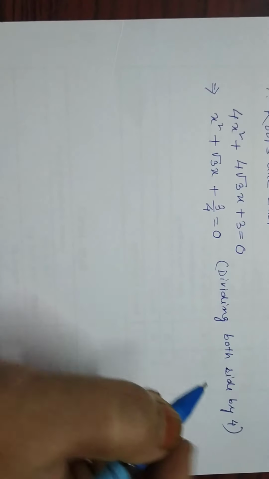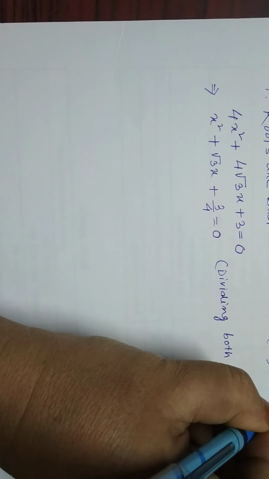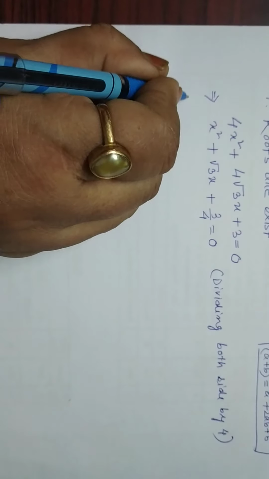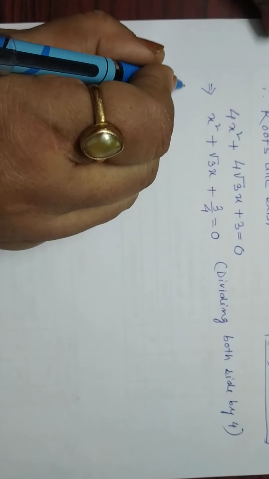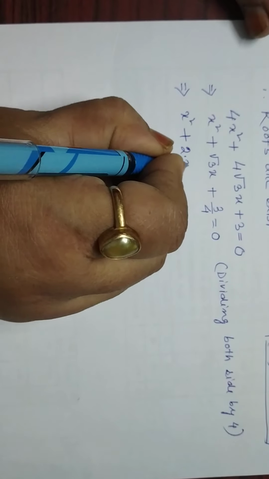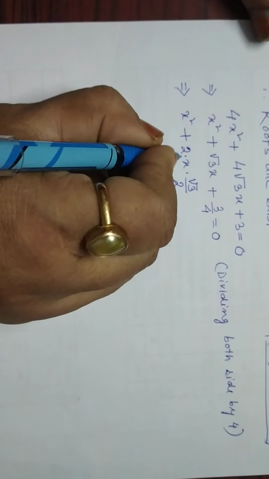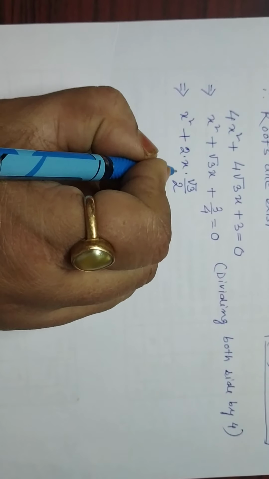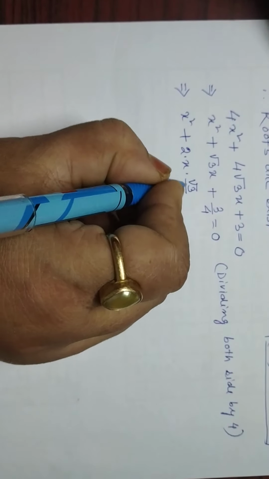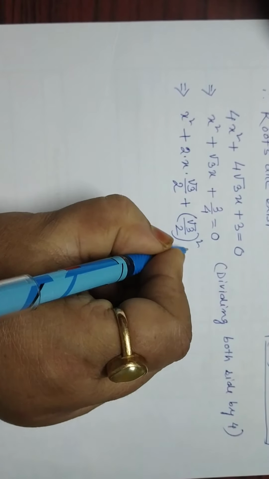Now we have to make it a complete square. Here all signs are positive, so we try to make it like (a + b)² = a² + 2ab + b². Now x² + 2ab means 2 into a, where a is x, and b is √3/2. Why √3/2? The 2 cancels, and then we get √3x. Now x² + 2ab + b², with b being (√3/2)².